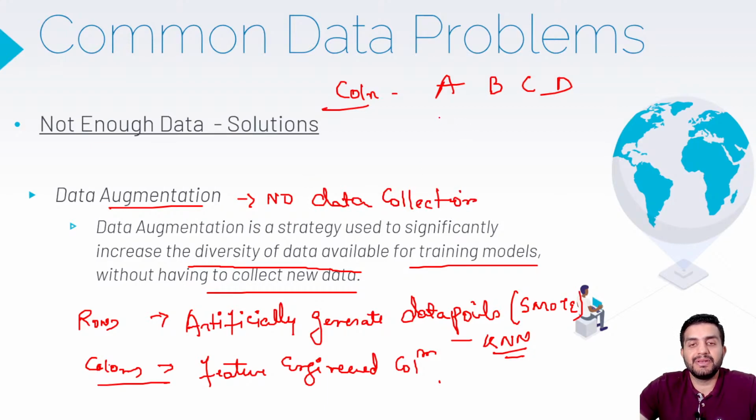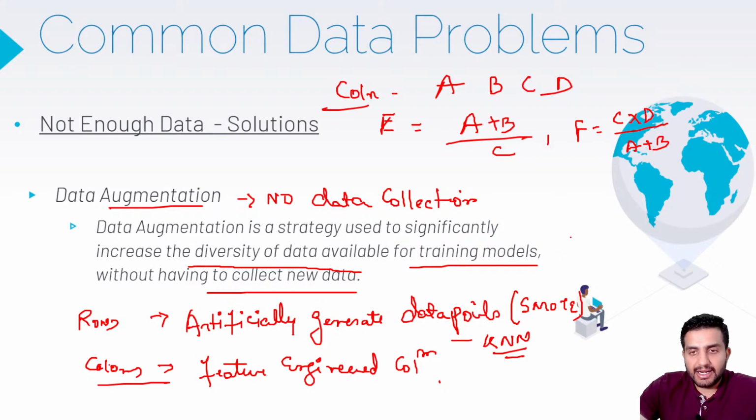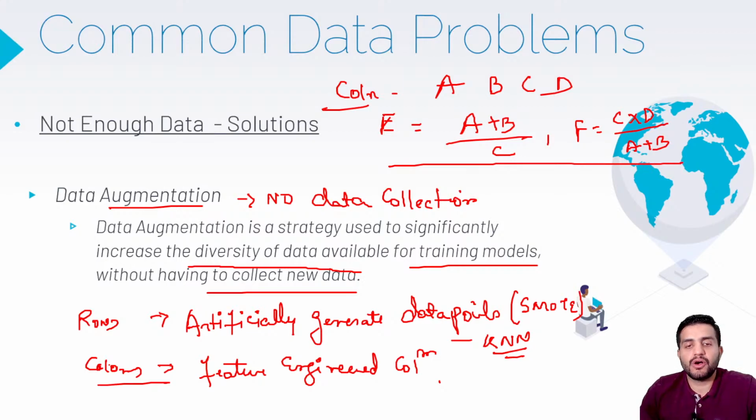So from the available A, B, C and D, we can probably generate a new column E, A plus B divided by C. We can generate a new column F, which is nothing but C multiplied by D divided by A plus B. And basically what I'm doing is generating new data points which have some essence of my available features.